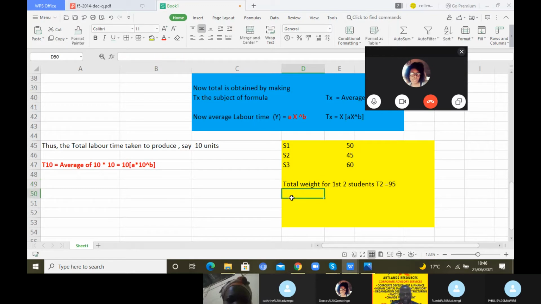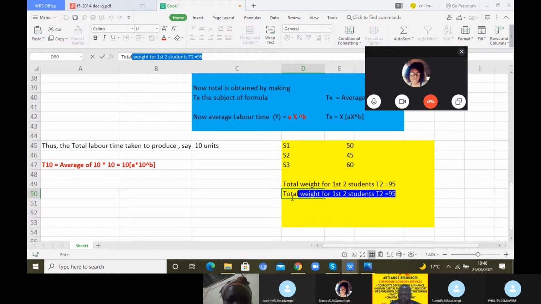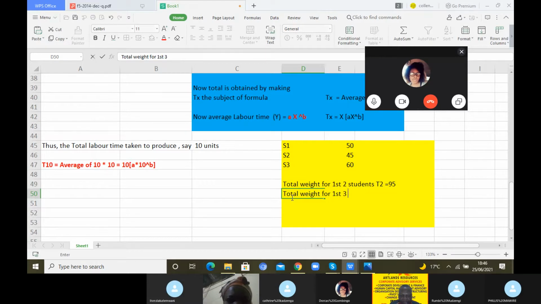Then, what is the total weight for the first 3 students?